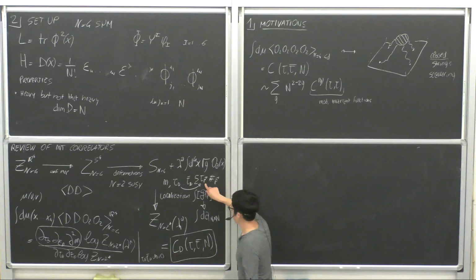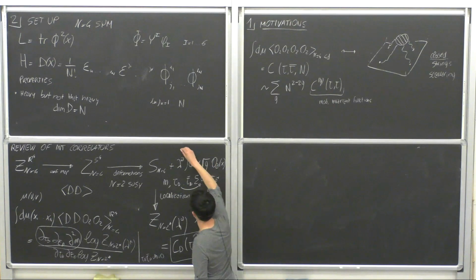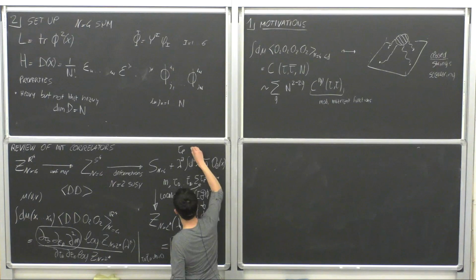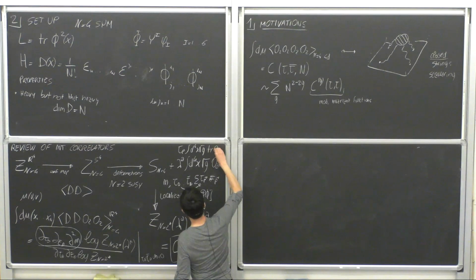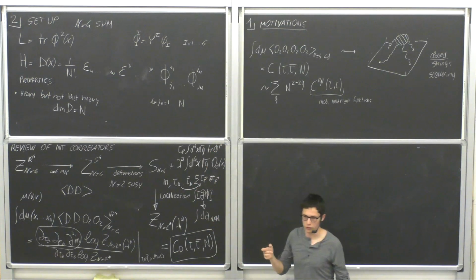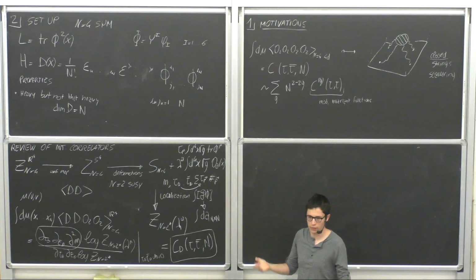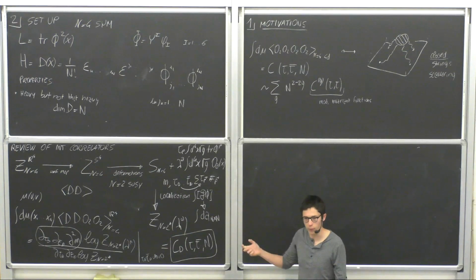But instead, these deformations are associated to this. It would be written somehow like this, square root of g of trace of phi to the p. And this is a marginal deformation that you are allowed to do even in generic N=2 theories without breaking.